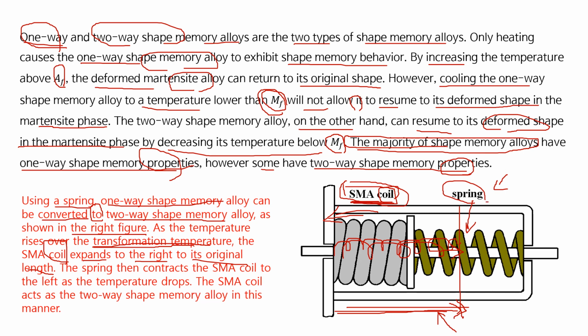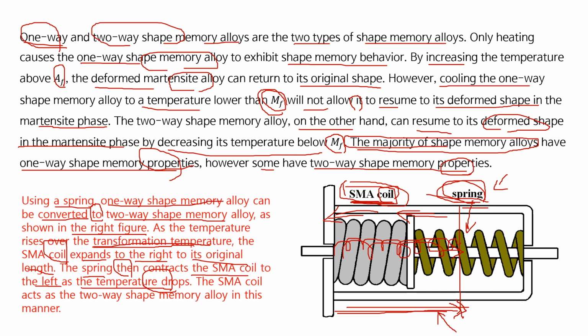But if we use a spring here, then the spring contracts the shape memory alloy coil to the left as the temperature drops. So as the temperature drops, the spring moves the shape memory coil back to the deformed state.